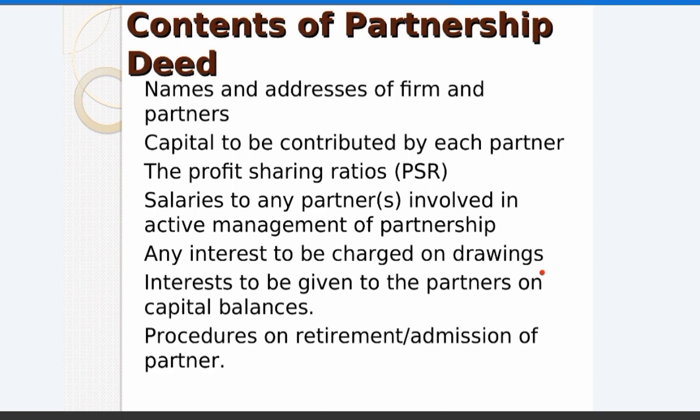If you are admitting a partner, you have to recompute the profit sharing ratios, as the existing partners shed some of their share to the new partner. So those are some of the contents of the partnership agreement.